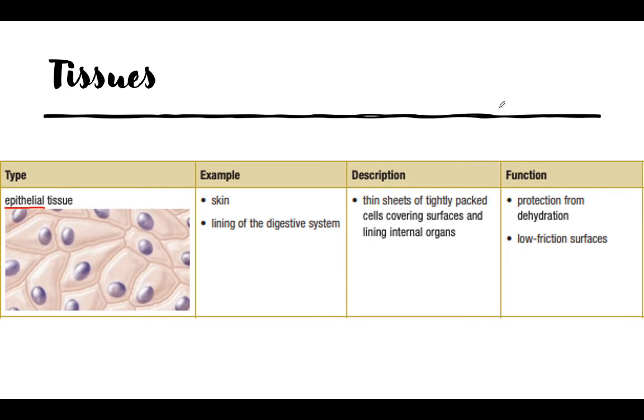It covers surfaces of internal organs, and it's found on our outside as well. The function of it is that it protects from dehydration, and it allows our organs to move in a low friction way. Examples of these: skin, right, on our very outside, and also the lining of our digestive system.